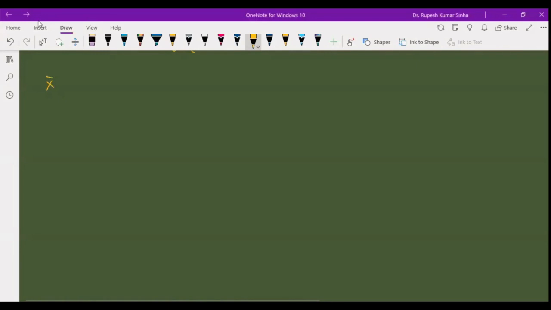X bar equal to A plus 1 by n into summation of Fi di, where i is equal to 1 till n.